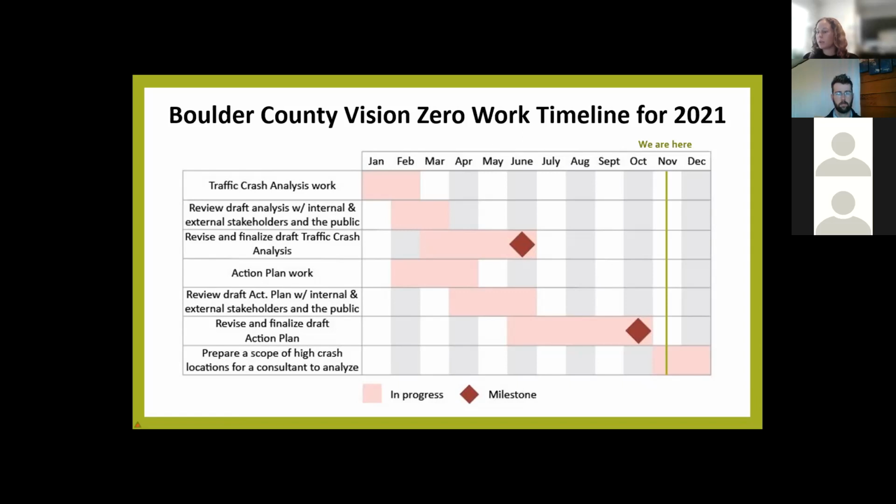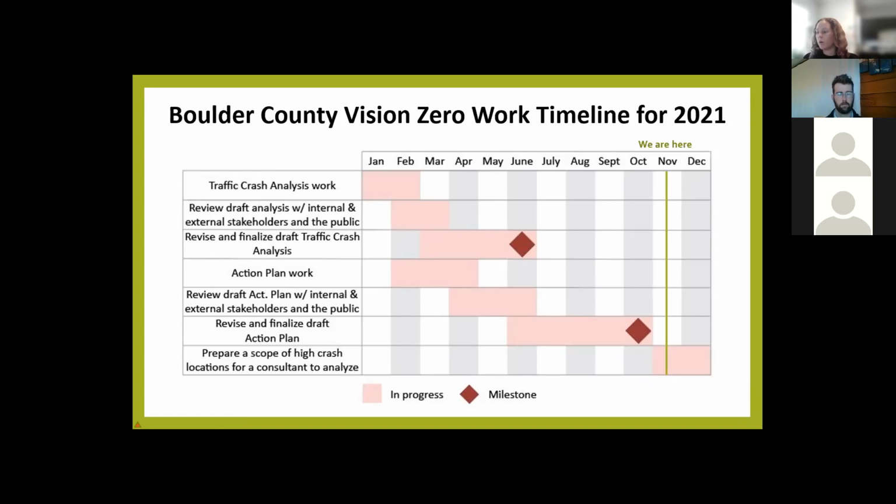After that, we worked on the action plan and have received substantial input from both CDOT staff and internal engineering staff during review meetings. We're still currently in the phase of finalizing the draft action plan, and next steps for us include preparing a scope of high crash locations we identified in the crash analysis that are not already being reviewed as part of a separate project.